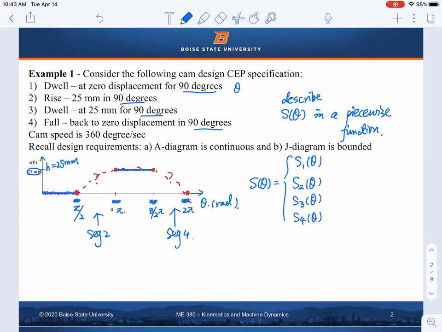The first segment is from 0 to half pi, and you can directly get the information: it's flat and a constant 0. In the third segment, theta is from pi to 3 half pi, and it's h, which is 25 millimeters. Then we just need to find what's in between.